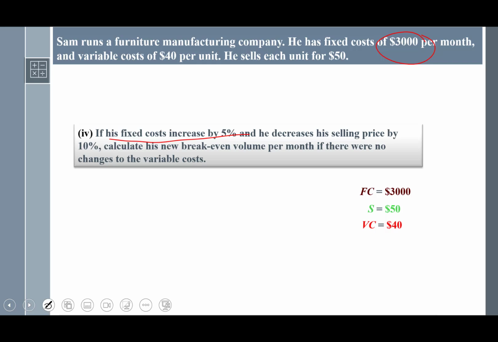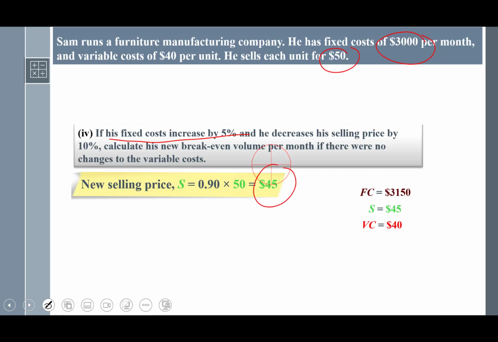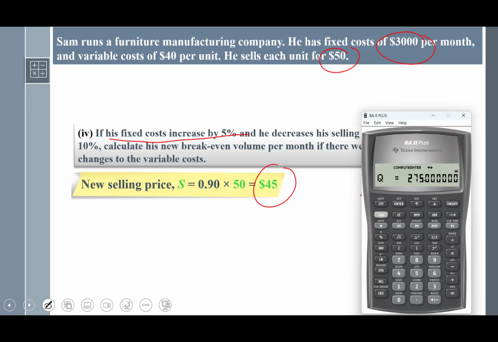And we're going to decrease the selling price by 10%. 10% of $50 is 45. So the new selling price is 45. And the fixed cost increased by 5%. 5% of 3,000 is 150. So that's what we have to change in order to get the new price.